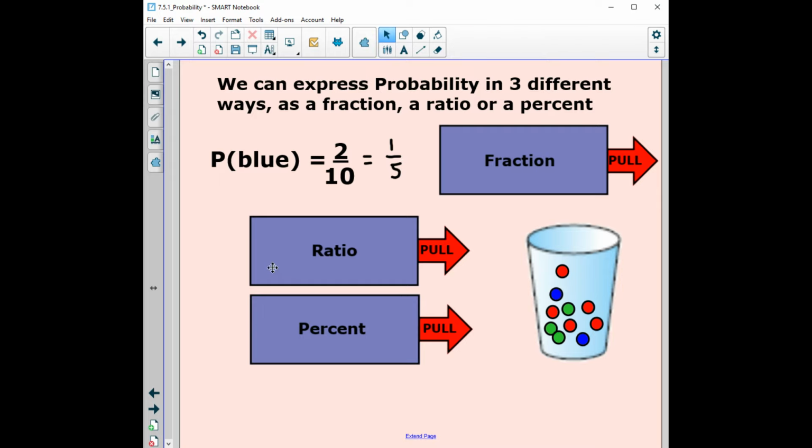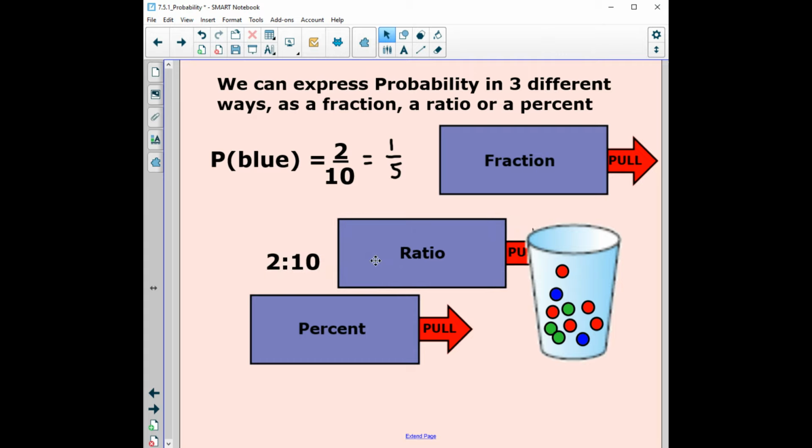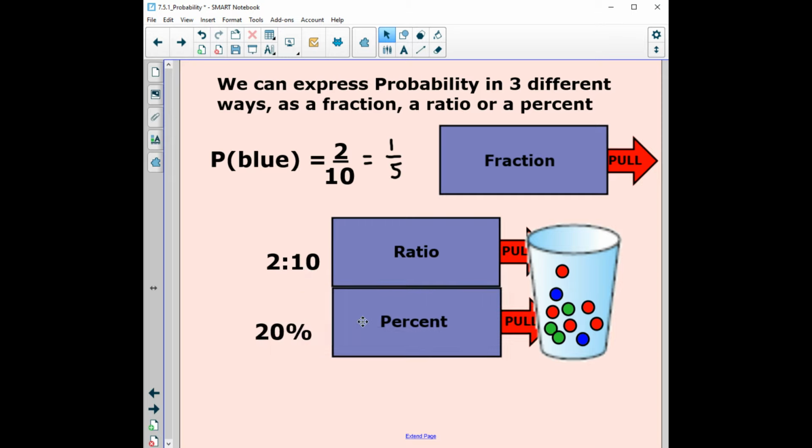As a ratio, that could be 2 to 10. And as a percent, 2 over 10 is 2/10, or 20%.